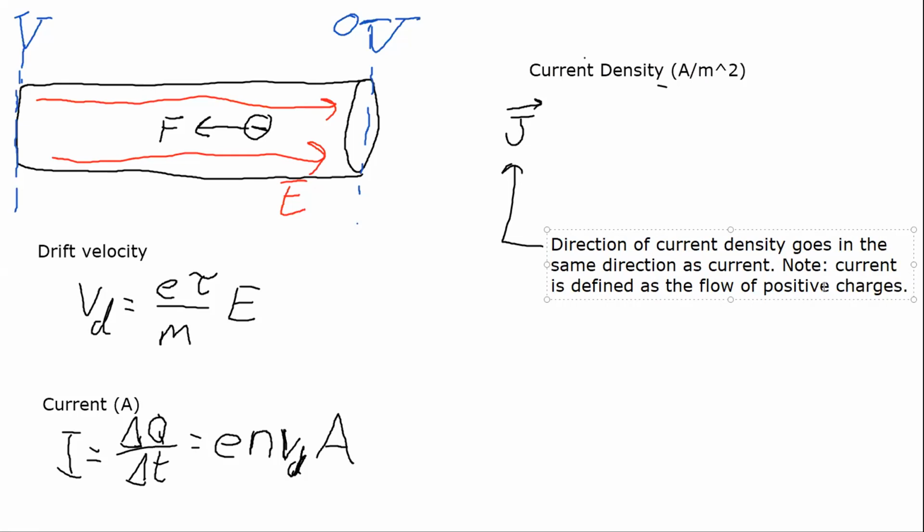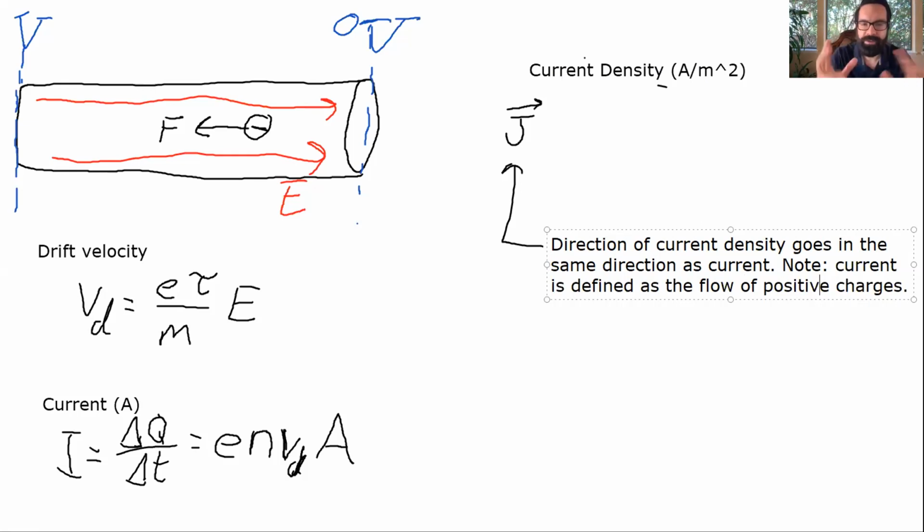Before we talked about charges as electrons, and before we knew electrons were flowing through conductors, current was already discovered, and it was hypothesized that current was a flow of positive charges.